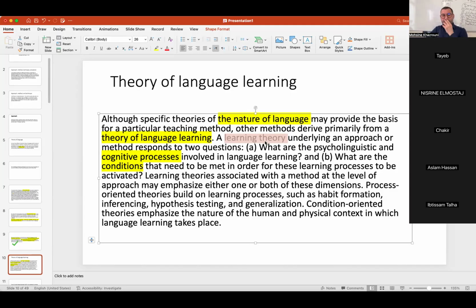It focuses on the cognitive processes. Then a learning theory focuses on two things. Number one, the psycholinguistics and cognitive. When we say psycholinguistics or cognitive, for example, what's going on in the mind, mental.